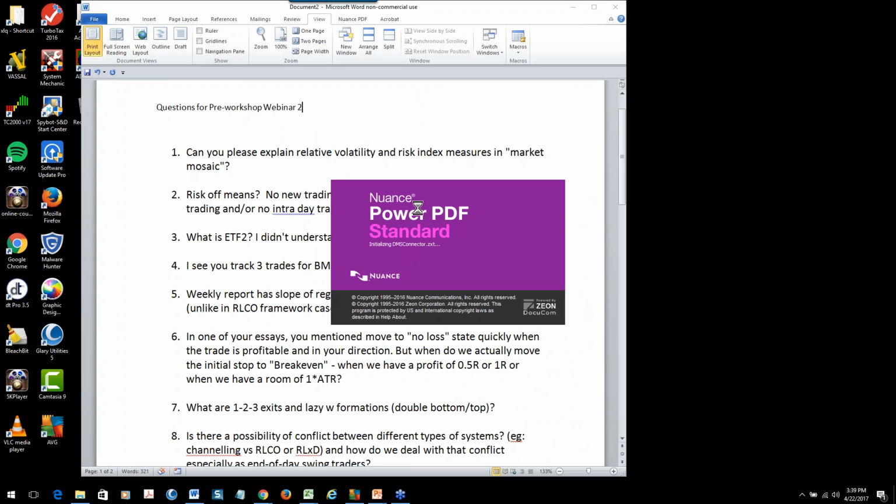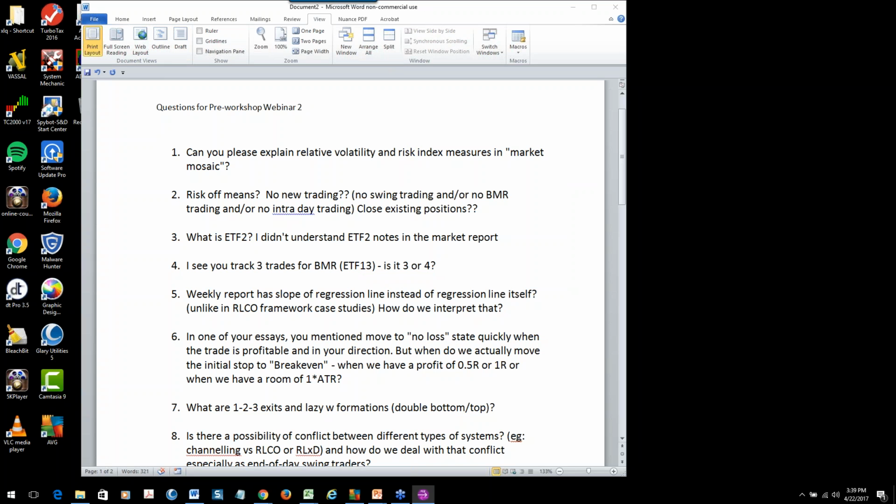All right, so the background on ETF2. ETF2 is the most current version of one of my longest term systems of all time. Back around 1980, holy cow, that's 36 years ago, I started doing mutual fund rebalancing.